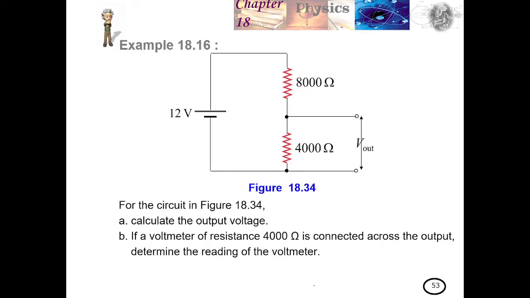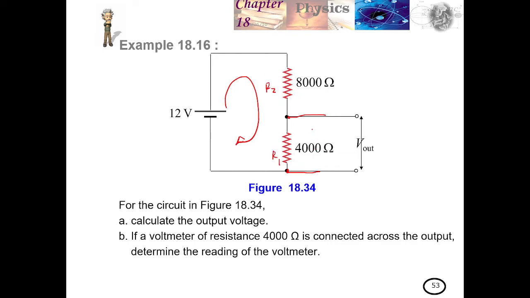One example here: it doesn't have two loops, it's only one loop. The output is coming from the end of the first resistor. This is the first resistor, this is the second resistor.